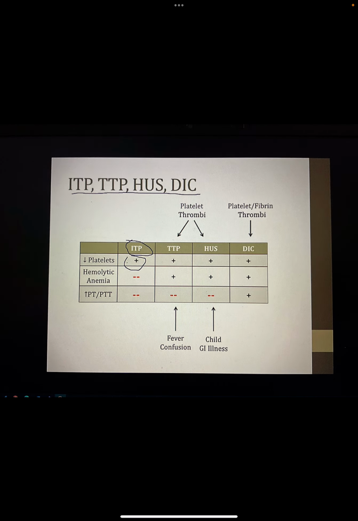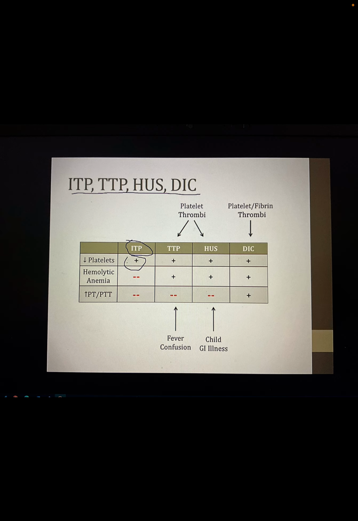Then we talk about TTP, thrombotic thrombocytopenic purpura. So there was thrombosis as well as thrombocytopenia. And in that, we remember that TTP is the terrible pentad. There was anemia too. So there's hemolytic anemia too. But in TTP, there were still problems related just to primary hemostasis, just to the platelets. That is why PT and PTT are not prolonged.